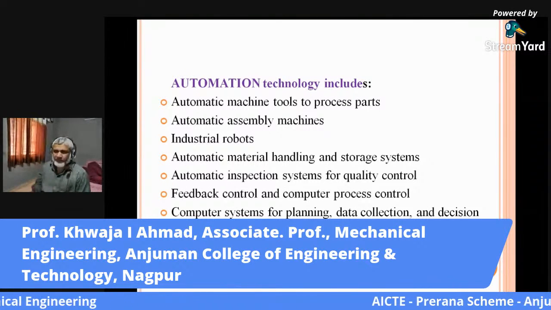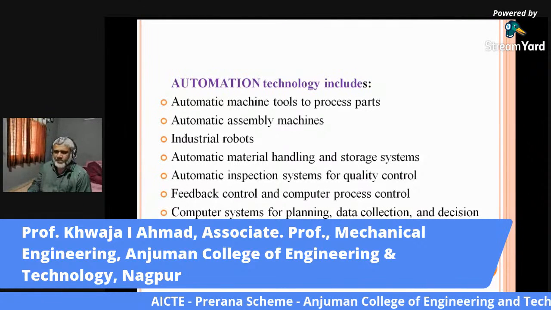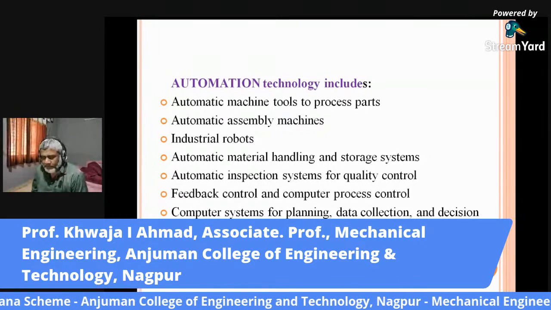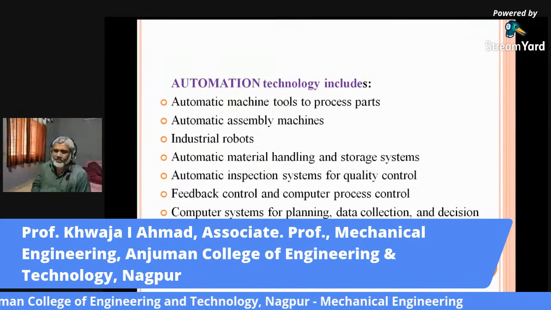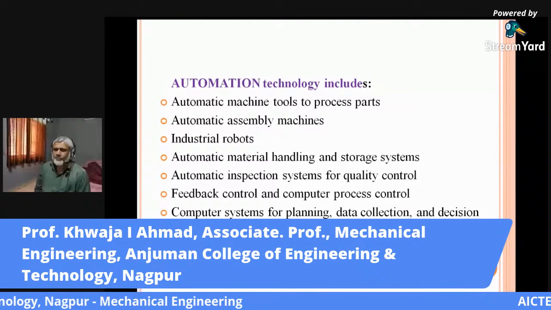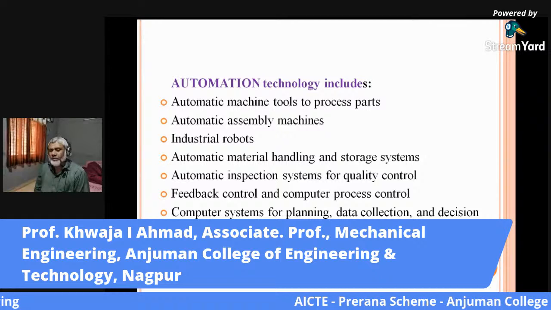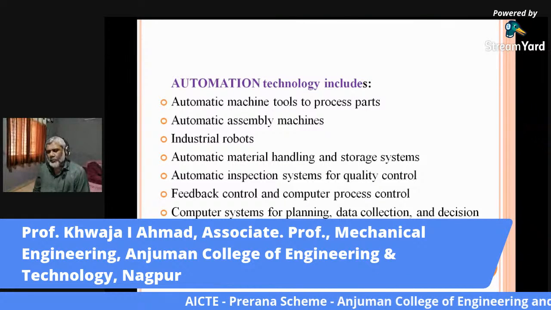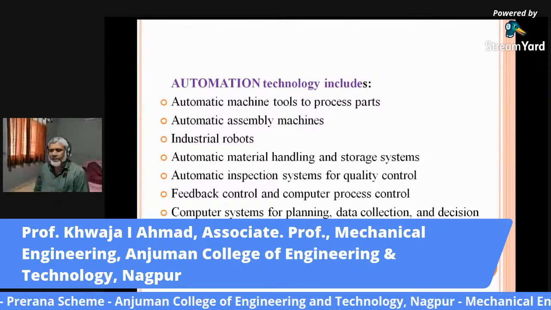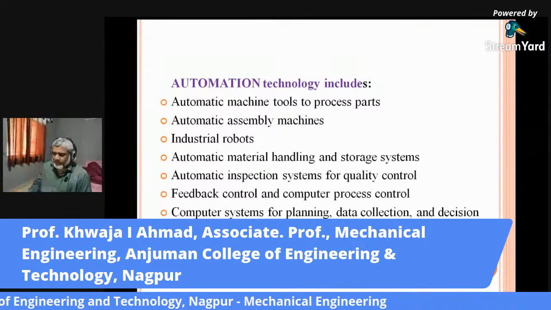They are also there for automatic inspection systems and quality control, like CMM, coordinate measuring machines, and machine vision, where you can inspect the parts with the help of automatic machines. There are also laser inspections, which help in maintaining the specification within the required range.